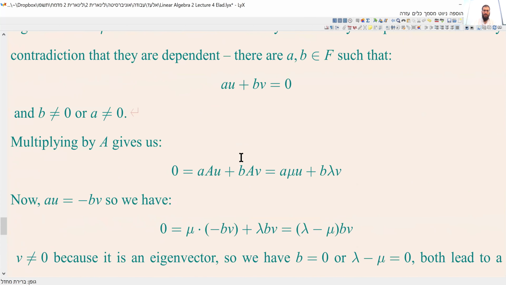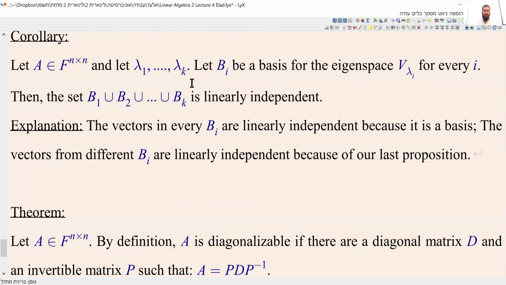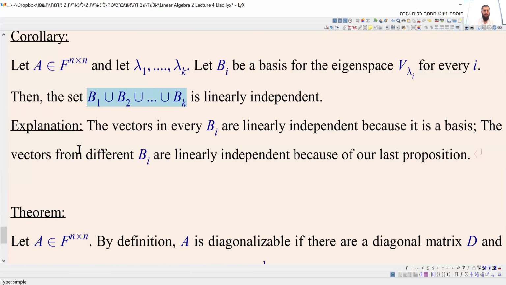We can use the same notation we used in the corollary for that, for example.